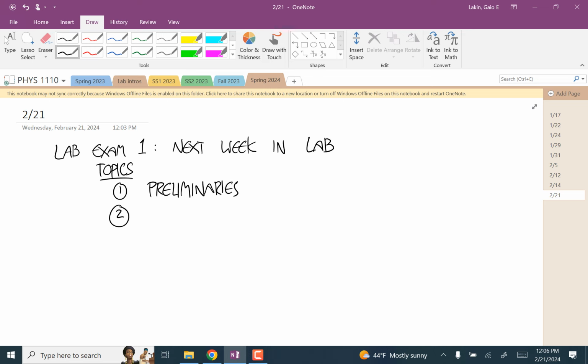And then we did the one on position versus time graphs. And then we did the one on vectors. So that's all you have to be ready to do for this, is to be able to answer questions like the questions in those.